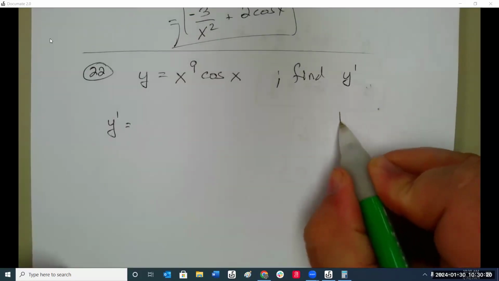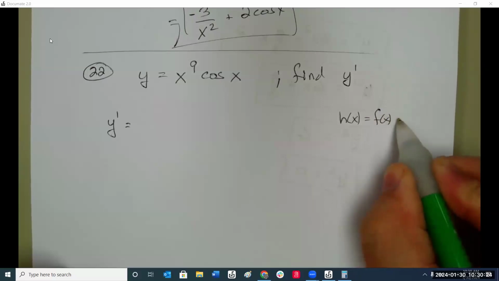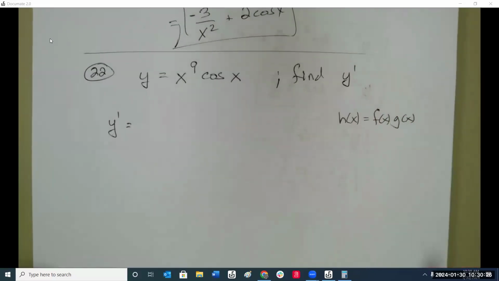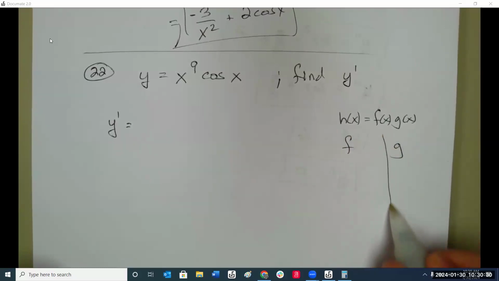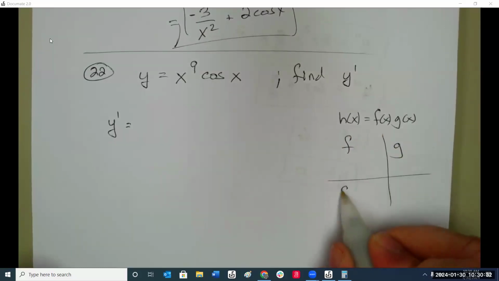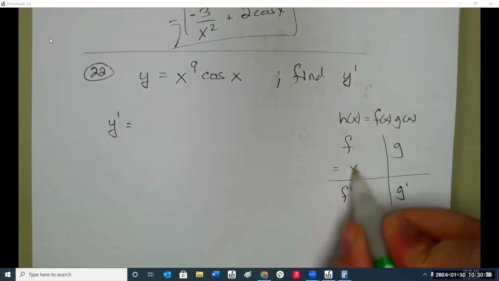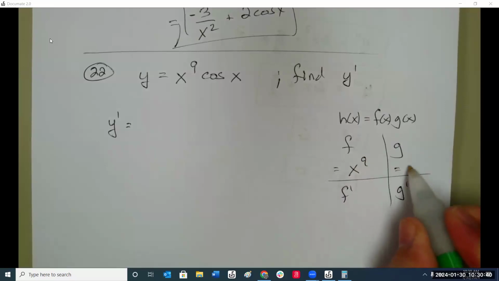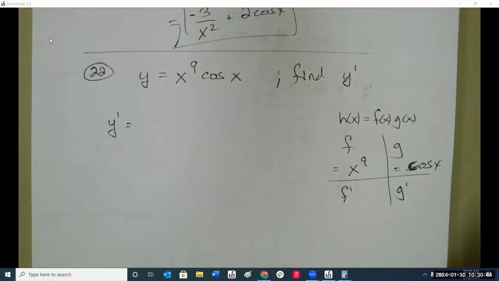When we do a product rule, we have f of x times g of x. So f prime, g prime. x to the ninth, cosine x.